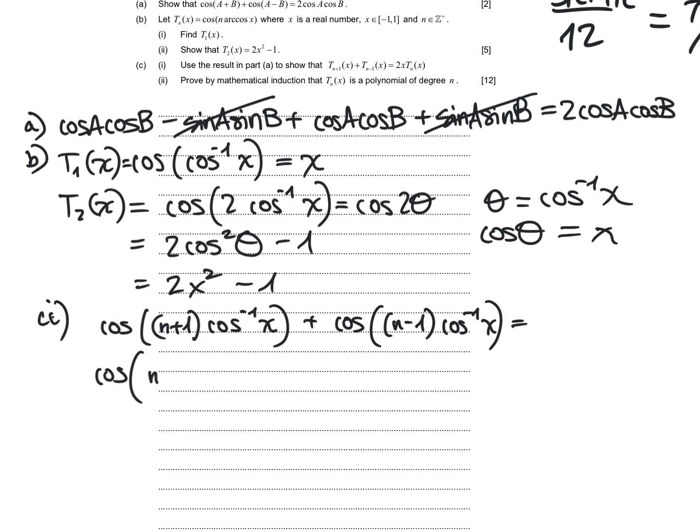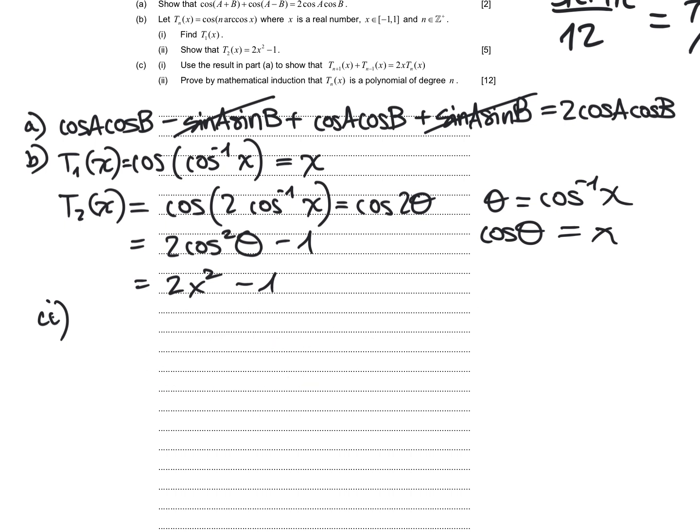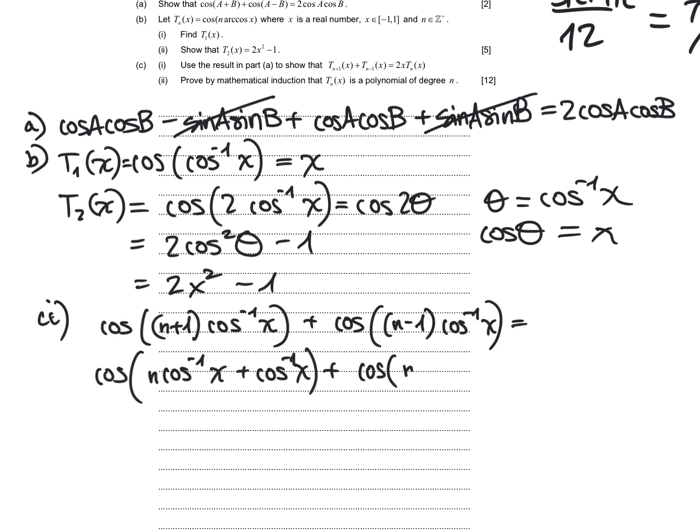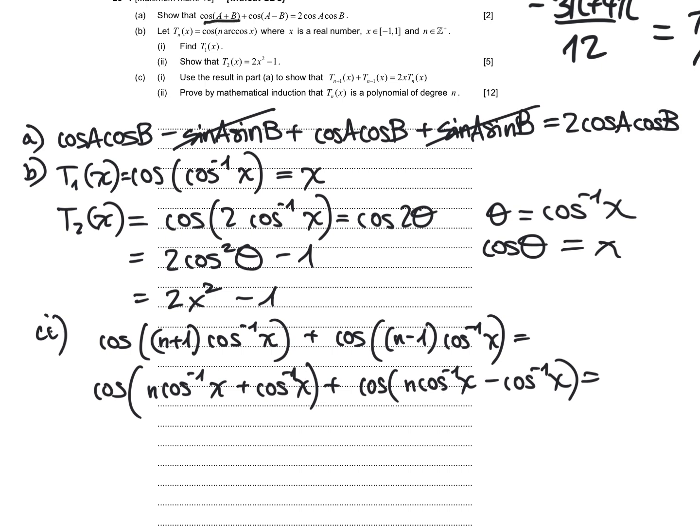So we're going to have n cosine inverse x plus cosine inverse x, plus n cosine inverse x minus cosine inverse x. Okay, so we have cosine of a plus b, so from part A we want to use this.